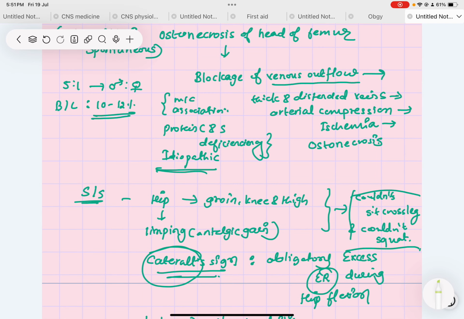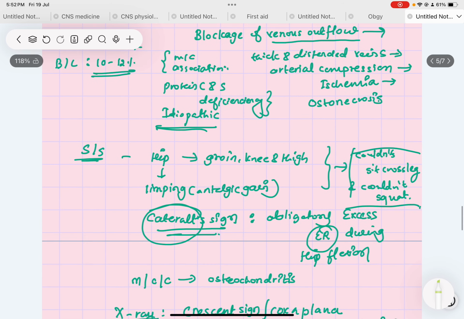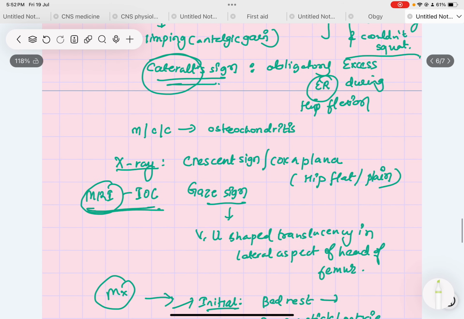And how will the patient present? So main complaint will be pain, and due to pain patient will present with a limping gait, and one sign we have to remember is a Catterall sign, that is obligatory external rotation during the hip flexion. And how we are going to diagnose?